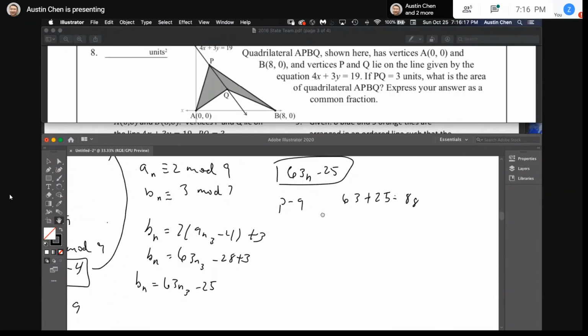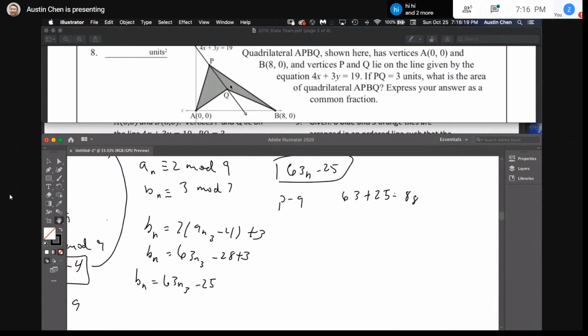All right. So yeah, we want to find the area of that quadrilateral. Well, this quadrilateral is just two triangles, right? So we find the area of the two triangles, then we're all good. And finding the areas of the two triangles is actually pretty easy, because we're given the length of PQ, which we can set as the base of the triangle.